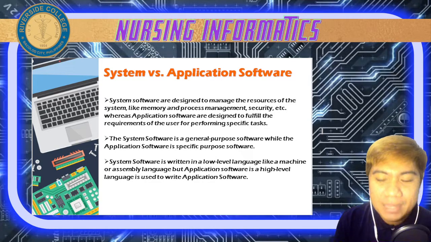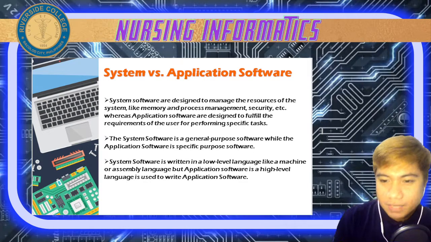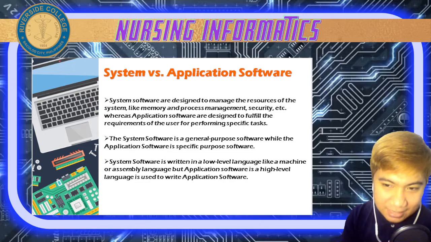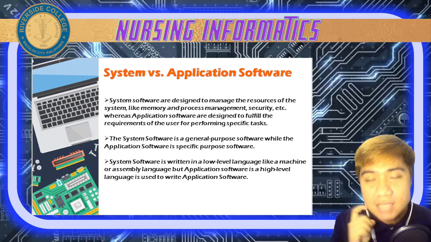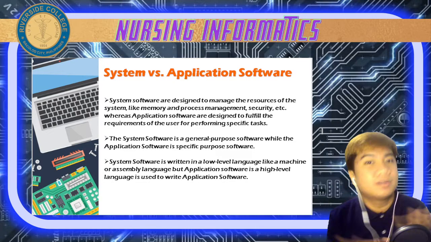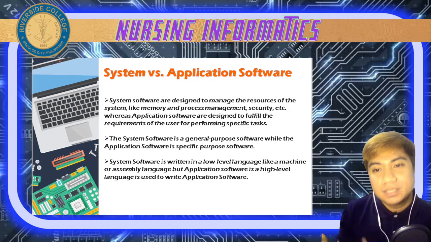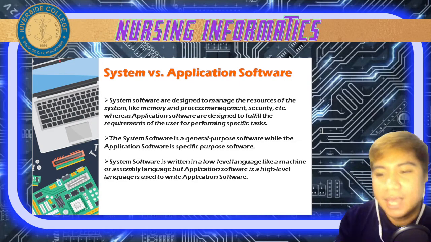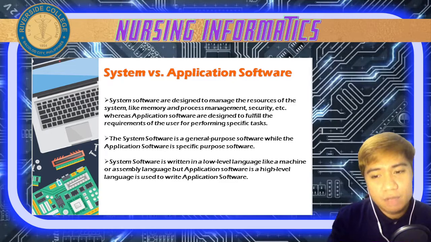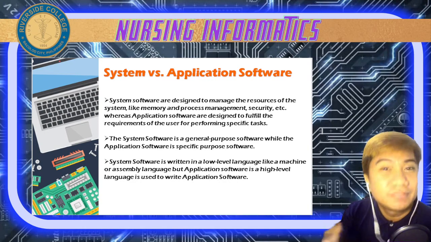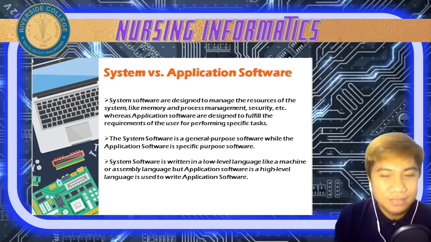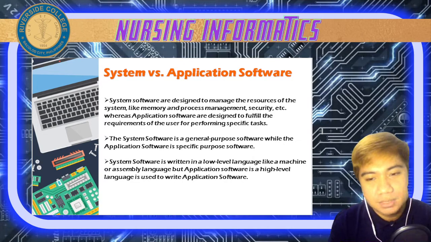Whereas your application software is designed to fulfill the requirements of the user for performing specific tasks. So system software works in general, while your apps are more specific. Next, the system software is general purpose, like what I've said a while ago, and your apps are more specific purpose.